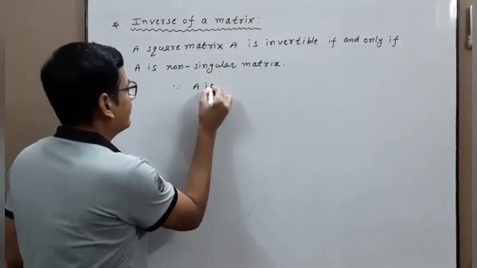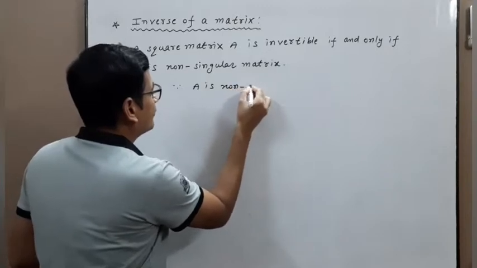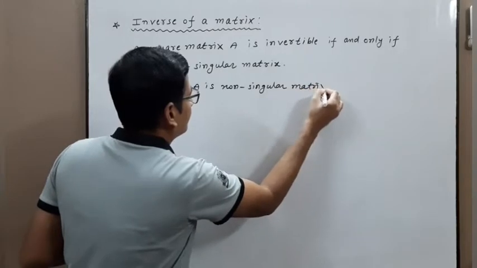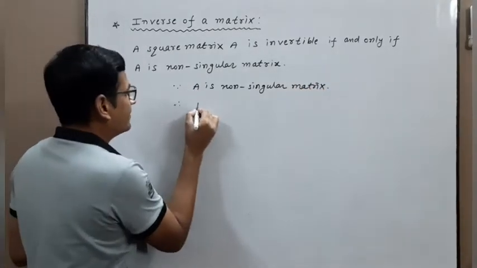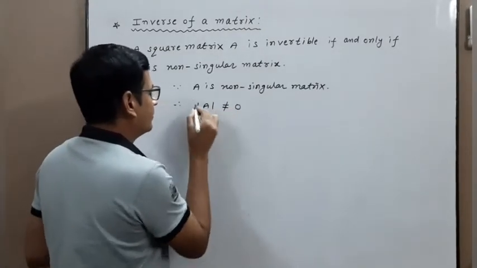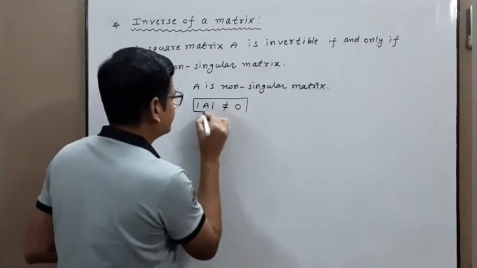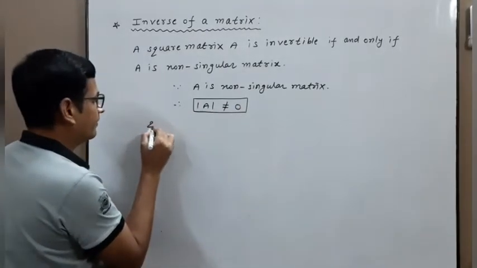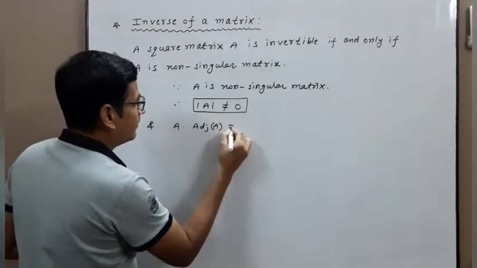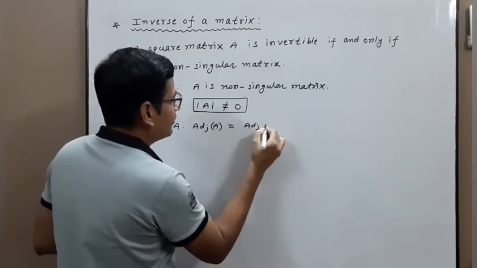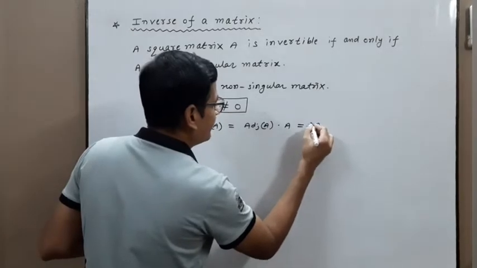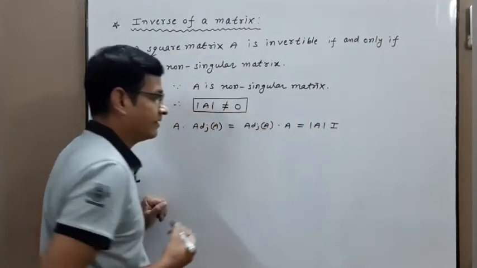Since A is non-singular matrix, therefore its determinant is not equal to 0, and A into adjoint A is equal to adjoint A into A is equal to determinant A into identity matrix.